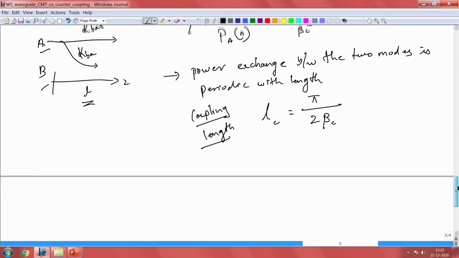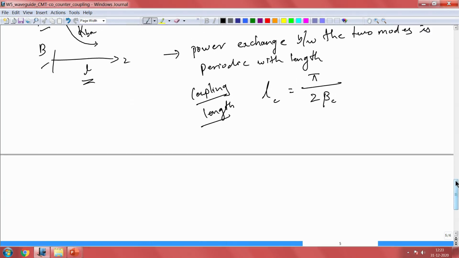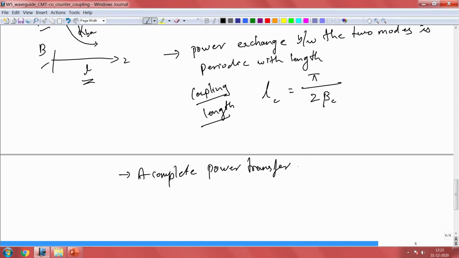If you want to do that, then your delta here, which is nothing but our phase difference, should be equal to 0. So, a complete power transfer can occur only in a phase match condition.